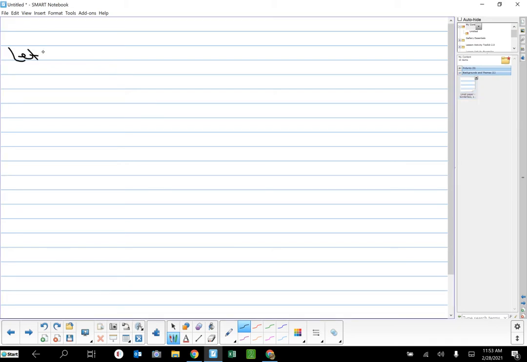Let f of x be some function, and in the text it looks like this, n of x over d of x. So this is a numerator, n of x over a denominator, d of x, where n of x and d of x are polynomials.